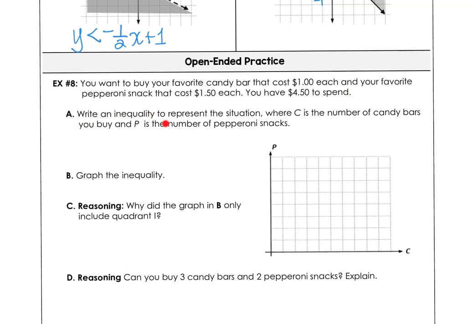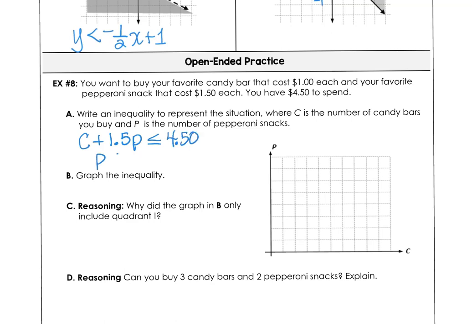Can you write an inequality to represent the situation where C is the number of candy bars you buy and P is the number of pepperoni snacks? So can you handle that? The candy costs $1 times C plus $1.50 times P, and you have $4.50 to spend. So it's less than or equal to $4.50.